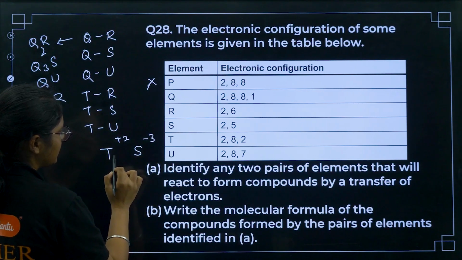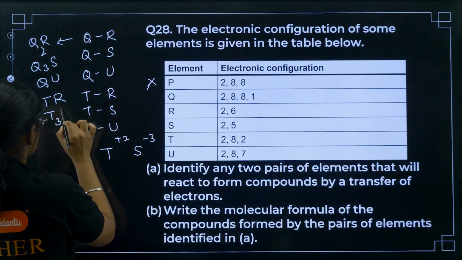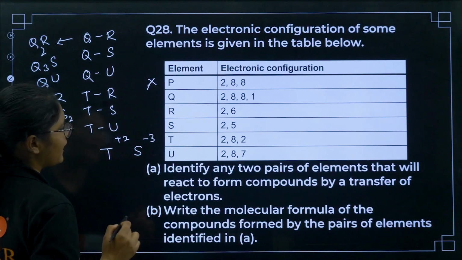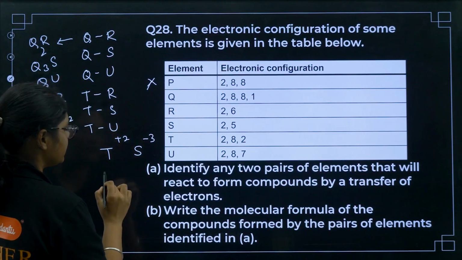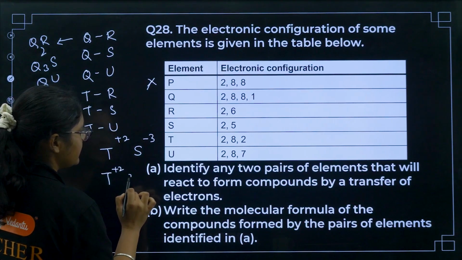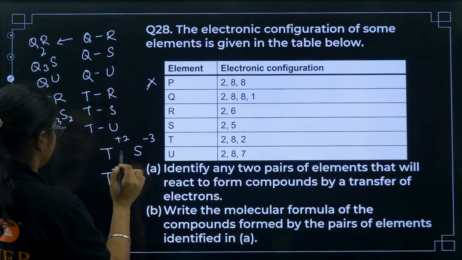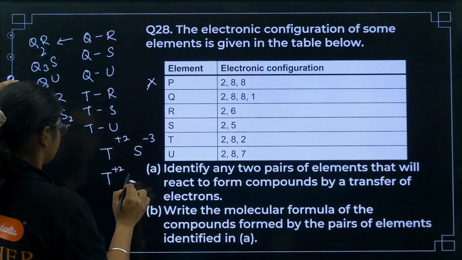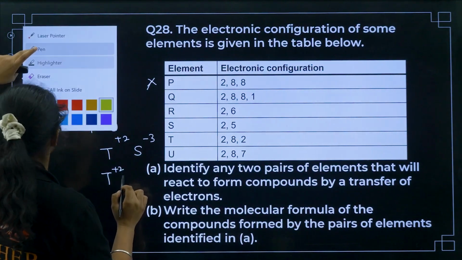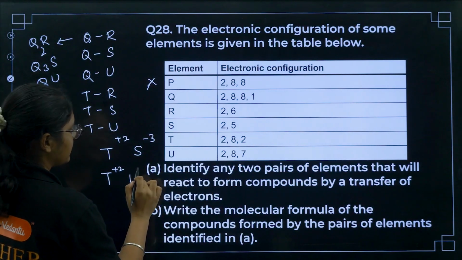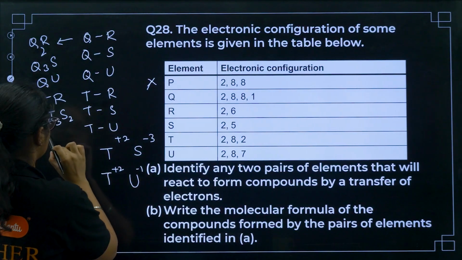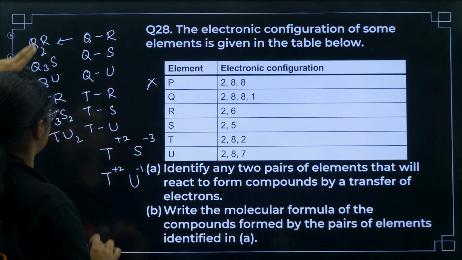So you will get T3S2. Next T and U. T will give +2, and U will gain 1 electron. So what you will get? TU2. So these are the different combinations.